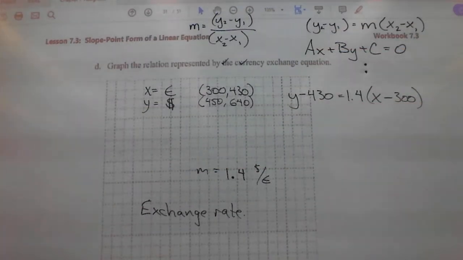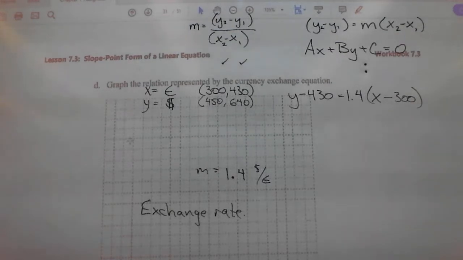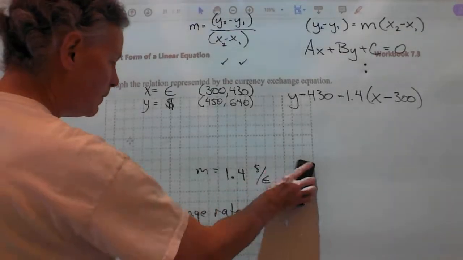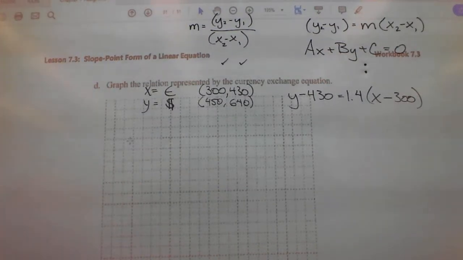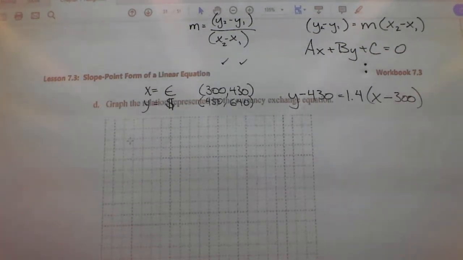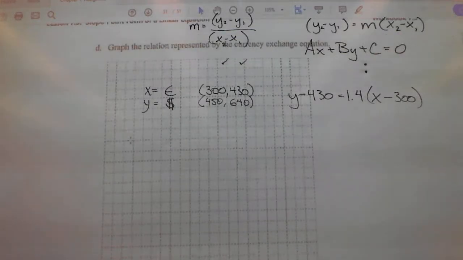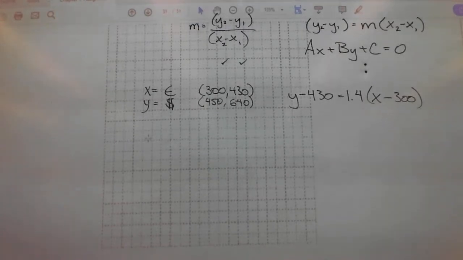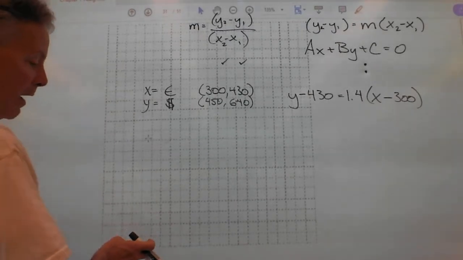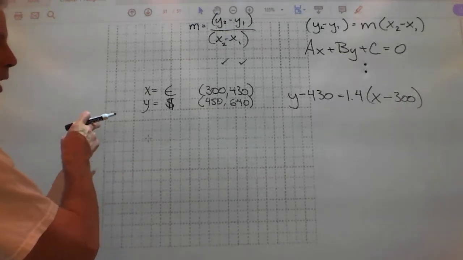Graph the relation represented by the currency exchange equation. So I'm just going to keep my points here. Okay, so we have an x, we have a y.